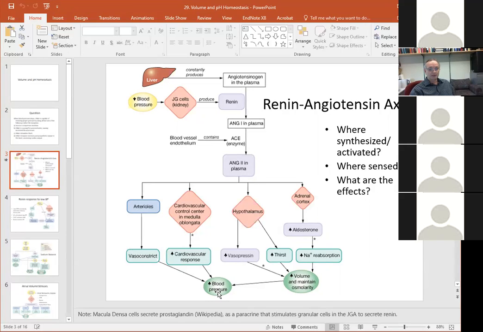So there's not as much flow out of the central arteries, and they have a maintained pressure. So all of those things end up improving the blood pressure when it was low in the first place.